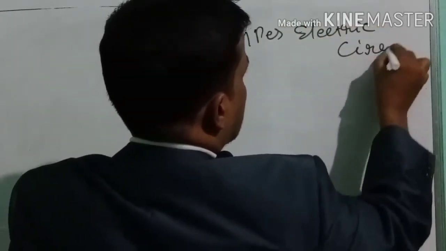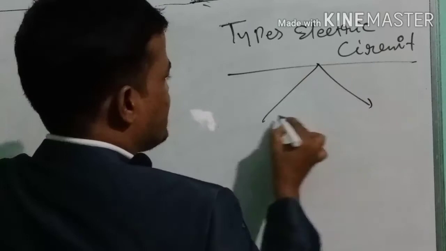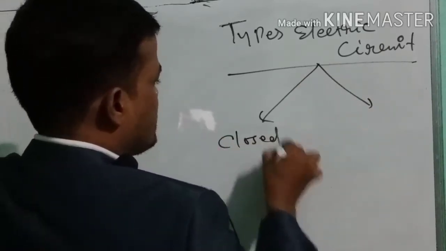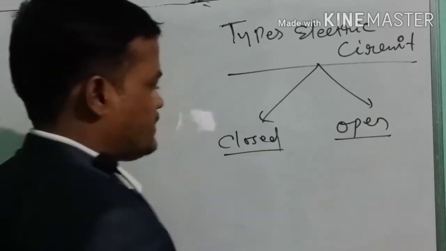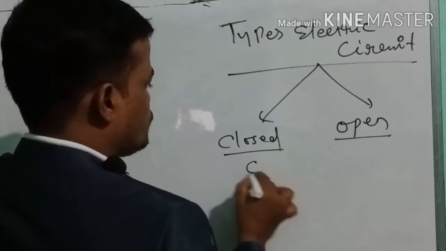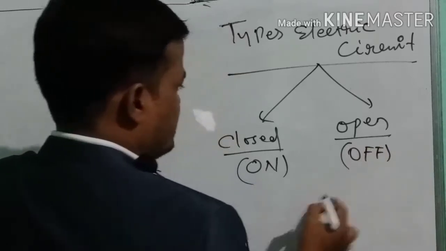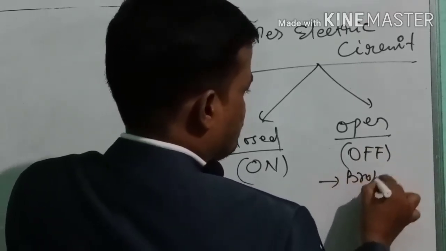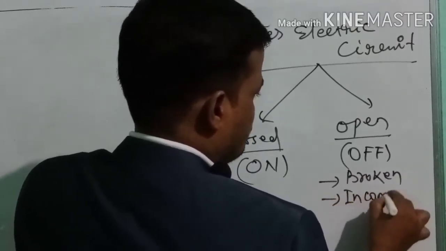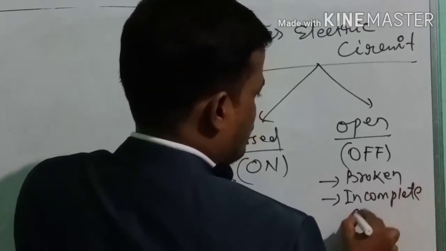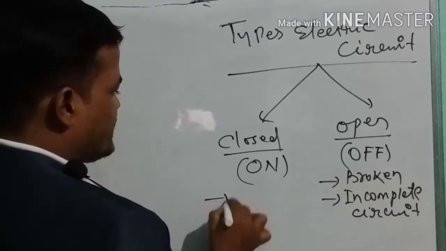There are two types of circuits, closed and open. Closed circuit and the open circuit. This is in switch on condition, that is in off condition. This is also otherwise called a broken circuit, otherwise called incomplete circuit. And this is called complete circuit.